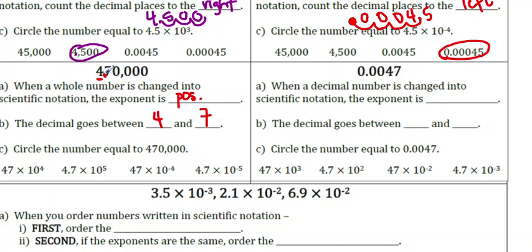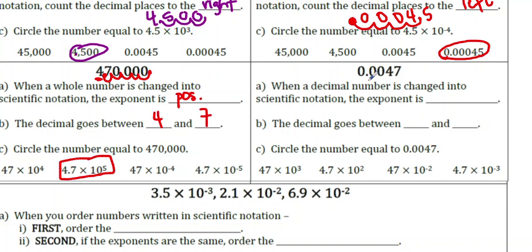So obviously my new decimal is going to be between the 4 and the 7, because again, one number in front. And then I'm just going to count how many spaces I have to move to get to the end. So I go 1 space, 2 spaces, 3 spaces, 4 spaces, 5 spaces. And since this is a big number and I went to the right, my exponent is positive. So I'm going to have 4.7 times 10 to the 5th power, because we said I had to go 5 spaces to the right.